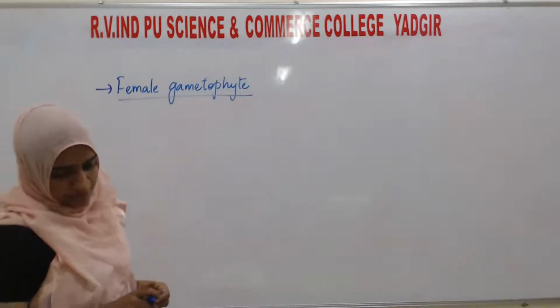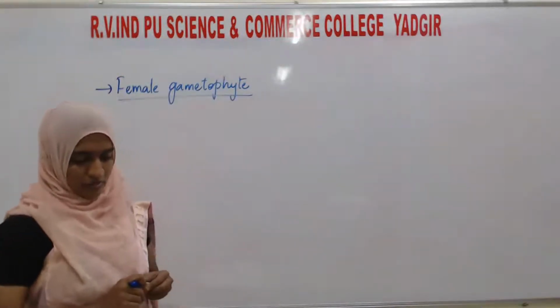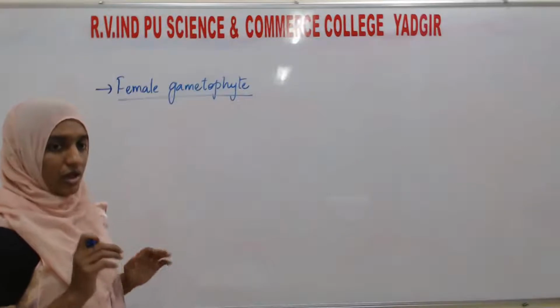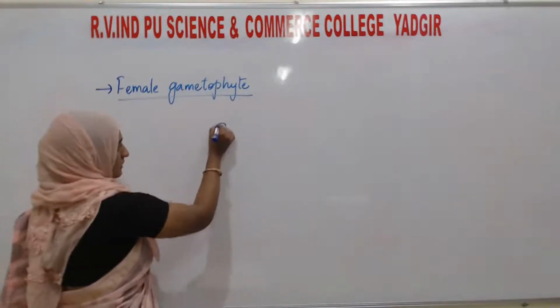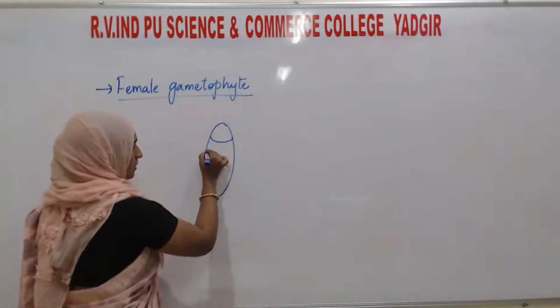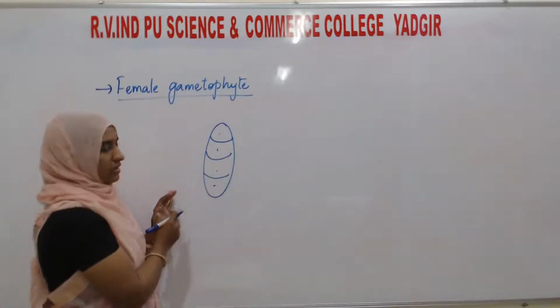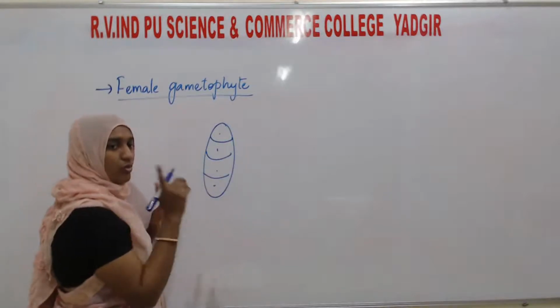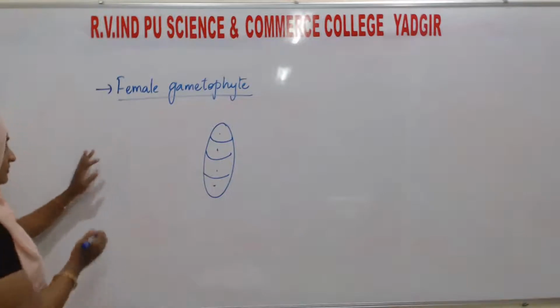In the majority of flowering plants, one of the megaspores is functional. Among the 4 megaspores, which you studied in the last topic, only one will be functional in the majority of angiosperms.